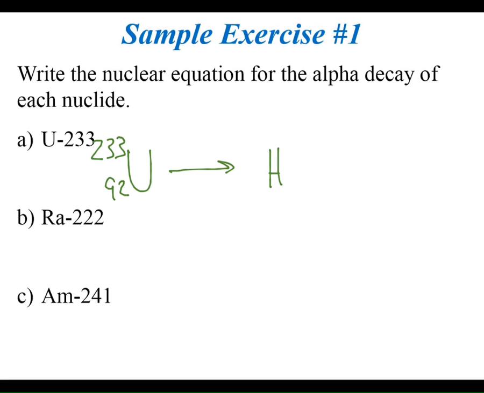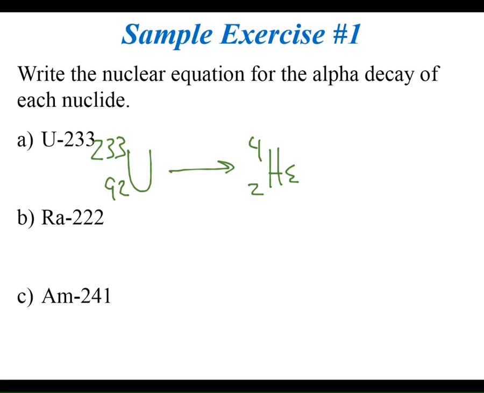So an alpha particle looks like this. Now you notice, by the way, for the alpha particles, we are not including the charge. It is technically 2 positive because we don't care about the electrons. All we care about in nuclear chemistry is protons and neutrons. So it is technically 2 positive, but you'll never see it written that way because, again, all we care about is the nucleus. We don't care about those stupid electrons now.